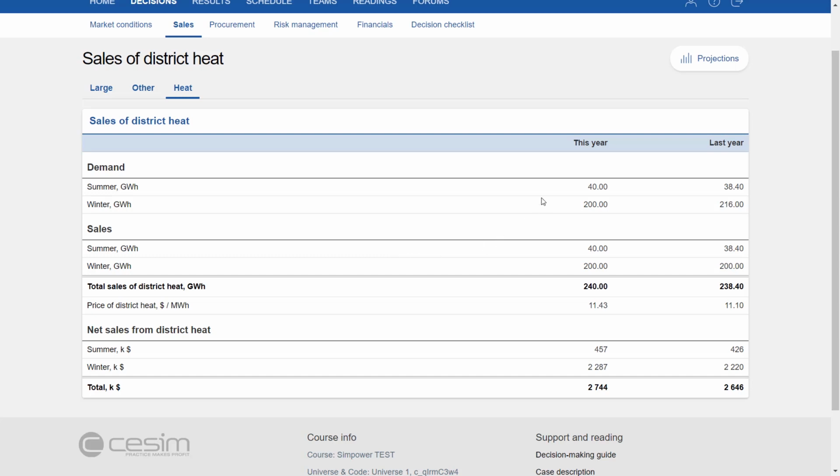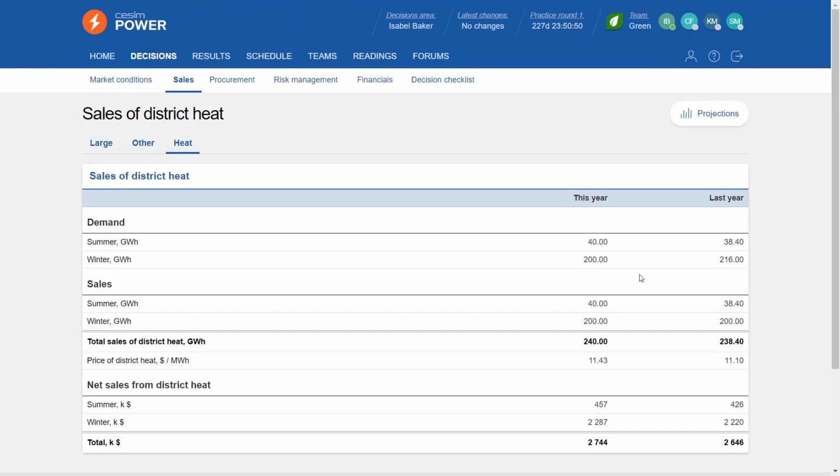The price is given. We don't have any influence on the district heat price. The amount of sales depends on our production portfolio. Depending on how many combined heat and power plants we have, we sell the heat that our customers are willing to buy. There are also maximum amounts that can be sold per season.